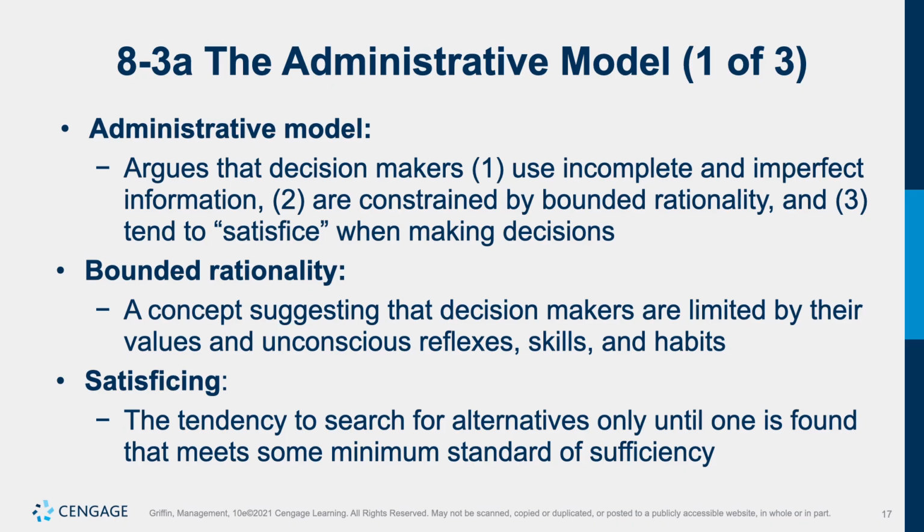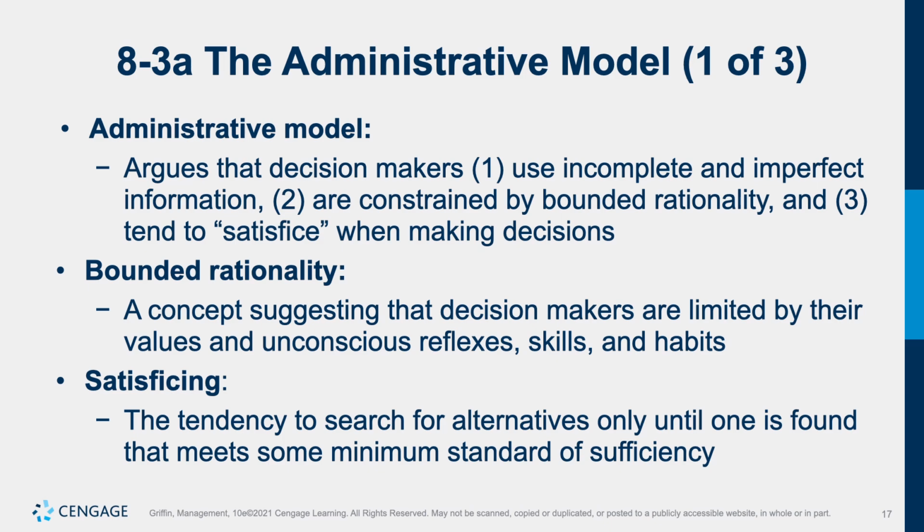Now, satisficing is the tendency to search for alternatives until one is found that meets the minimum standard of sufficiency. A decision maker satisfices when they do not conduct an exhaustive search for the best possible alternative.